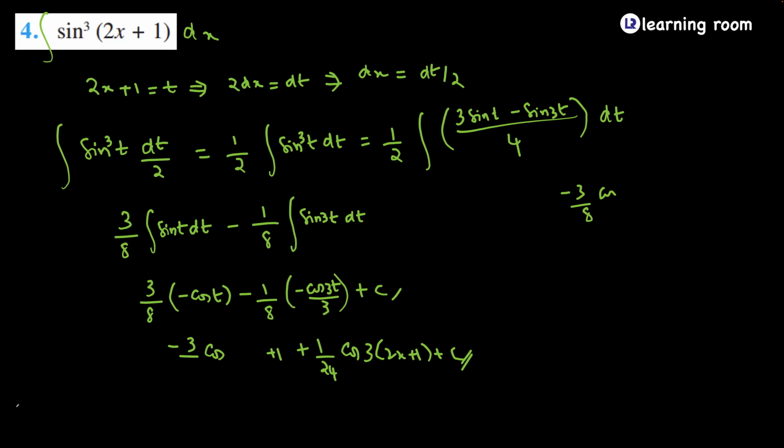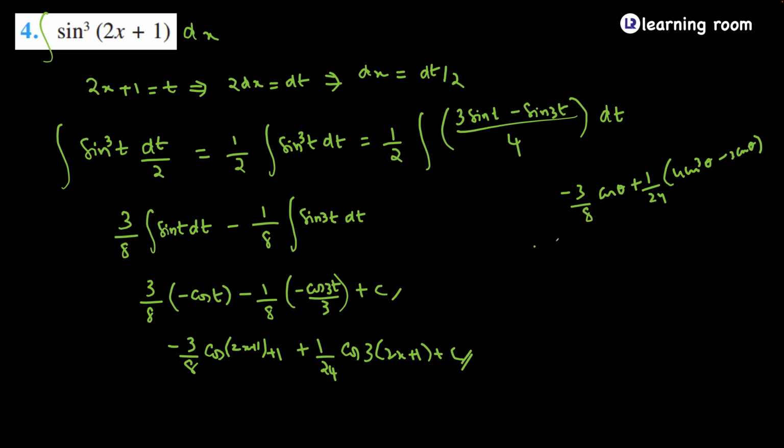So minus 3 by 8 times cos theta plus 1 by 24 times, what is the cos 3 theta formula? It is 4 cos cube theta minus 3 cos theta.